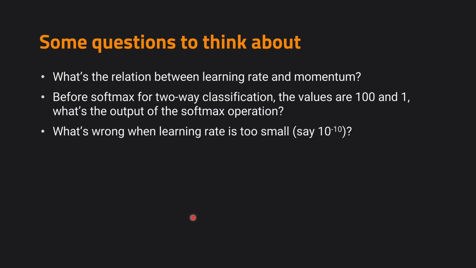So there are some questions for you to think about. And the first question here is, say you want to tune learning rate and momentum. So what is the relation between learning rate and momentum? They are all techniques that will affect the magnitude of your gradient.